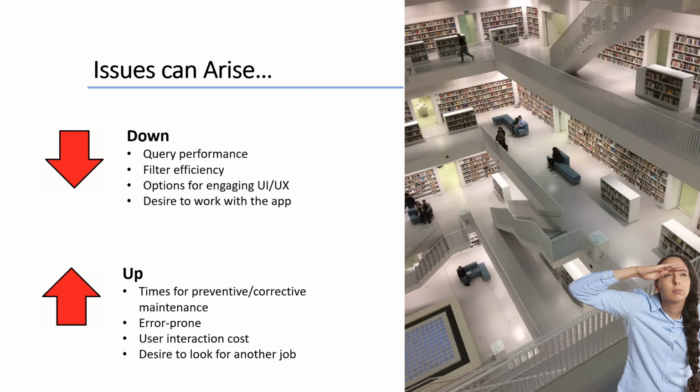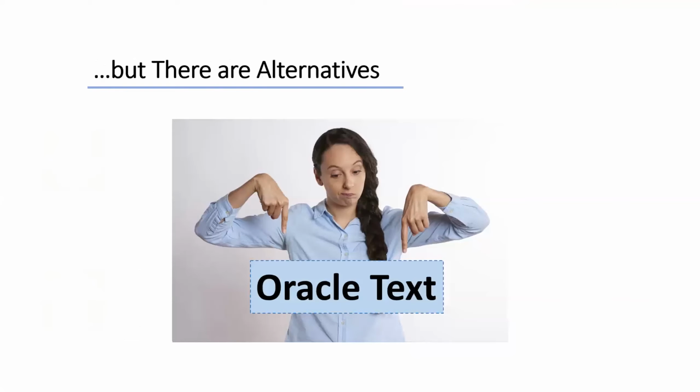But even if you have those issues, there are some alternatives that we can check, some new approaches that we can look at. And one of those is the use of Oracle Text. If you haven't heard about it, Oracle Text is an Oracle product that has been around since the 90s. If I don't remember badly, it started in 1997.